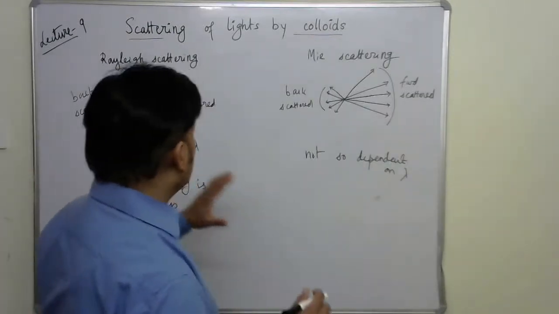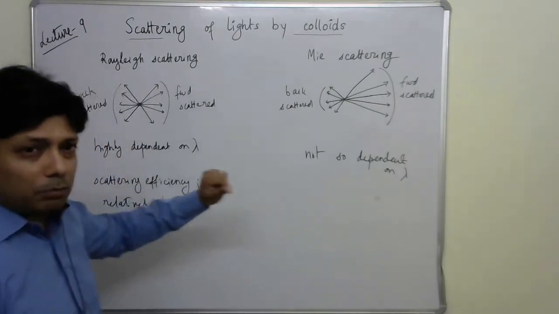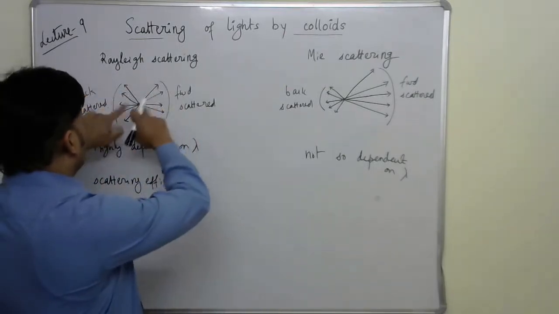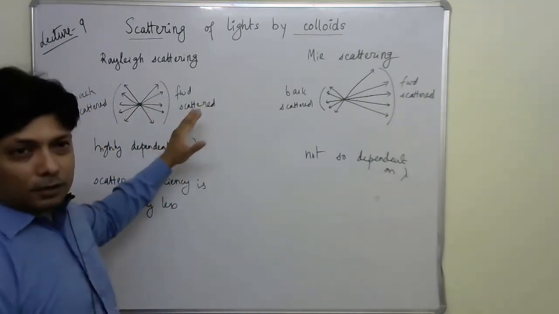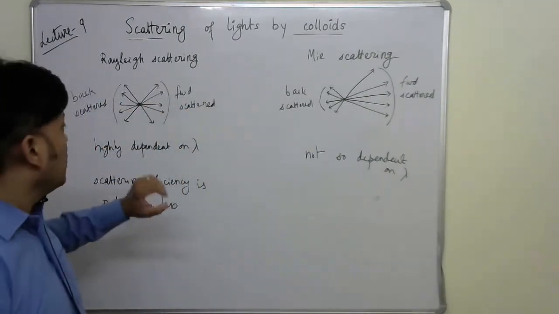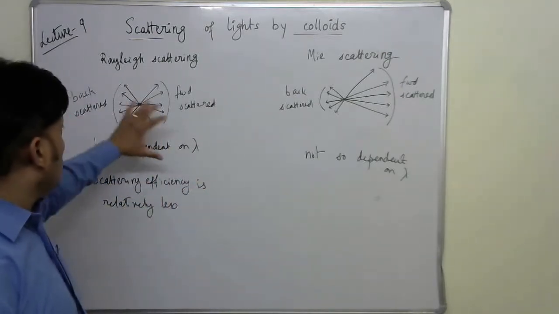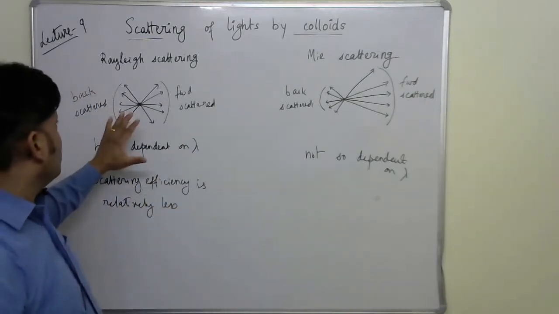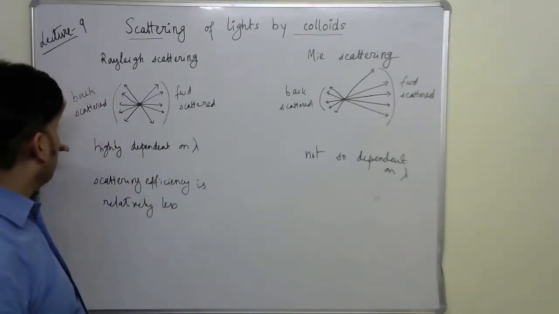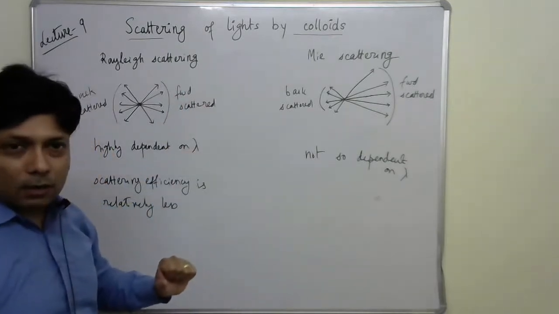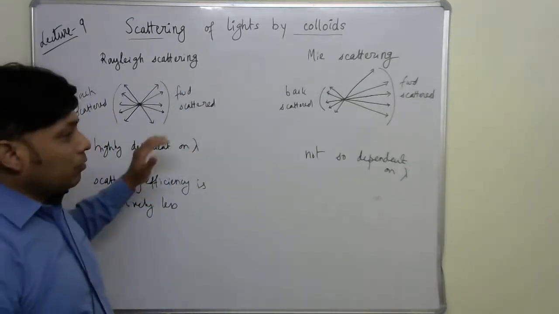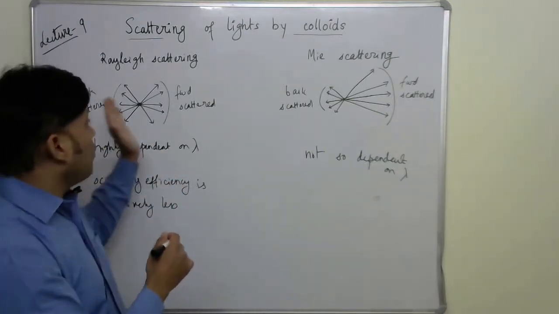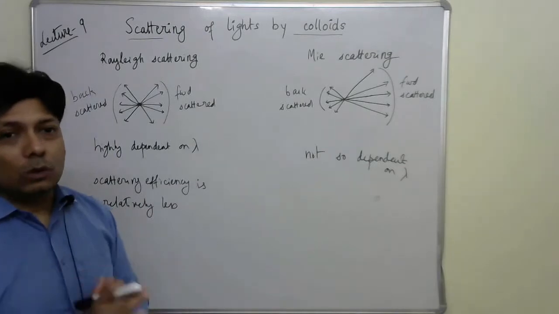The difference between Rayleigh scattering and Mie scattering can be presented in this manner. I have drawn two arrow heads in two opposite directions. In scattering, we can call these scattered lobes. One of these is the back scattered lobe and the other is the forward scattered lobe. Now in Rayleigh scattering, the intensities of the back scattered and forward scattered light are almost equal.